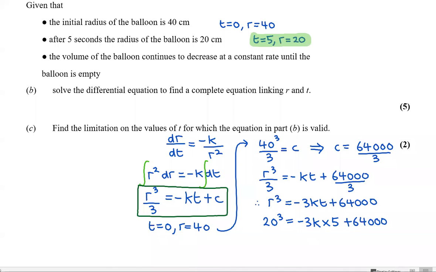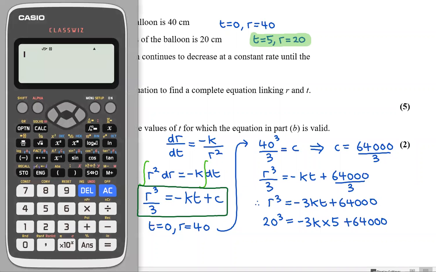So let's just figure this out on our calculator. 20 cubed is 8,000. Now we're going to have to subtract 64,000 from both sides. Okay, so that gives us that. And then we're going to have to divide by negative 15, which is obviously minus 3 times 5. Okay, and that's going to give us 11,200 over 3.